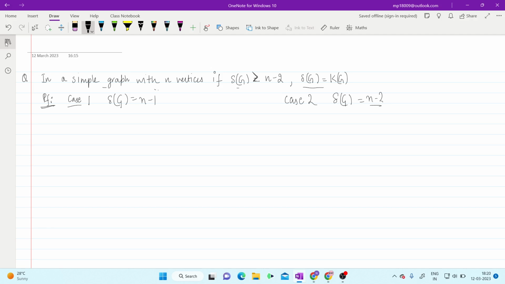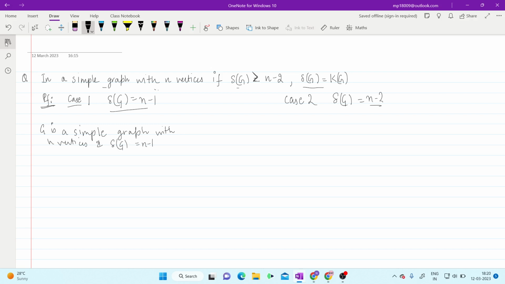If delta G is equal to n minus 1, can we say anything about the graph? G is a simple graph with n vertices, and delta G is equal to n minus 1.